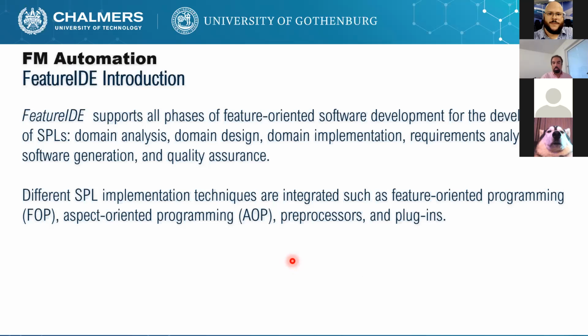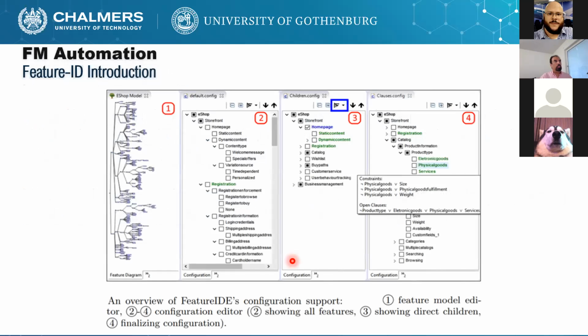Let me move to this snapshot also for the Feature ID tool. It shows here in one window, number one, the feature model editor. It allows you to draw the feature model and enables you to edit it. Between 2 and 4, you have the configuration editors.